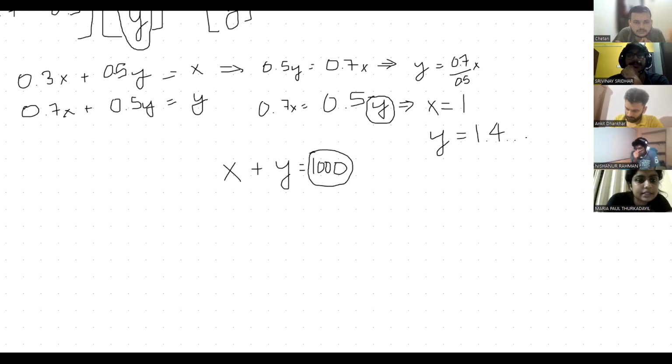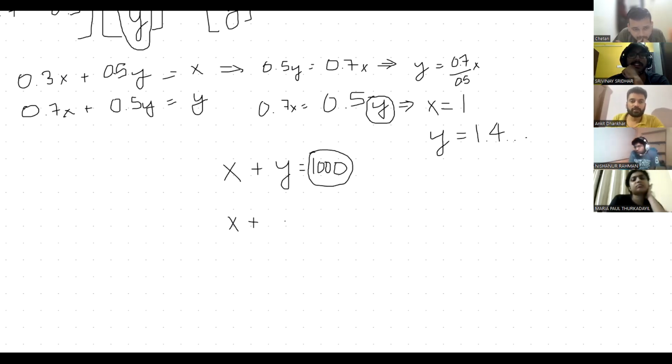So when you substitute, it's x plus 0.7x, and it is coming out to 416. Just substitute y is equal to 1.4x, and you will get the calculation of the value. Should I substitute it as y equal to 1.4x?